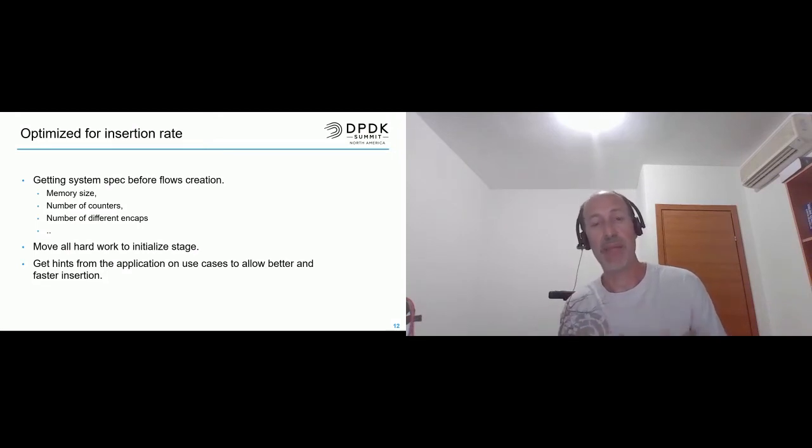So the PMD can allocate all needed resources, and can even combine actions together in order to give the best performance according to the specific hardware. Everything this application gives, all this information, is by definition a hint to what it wants.